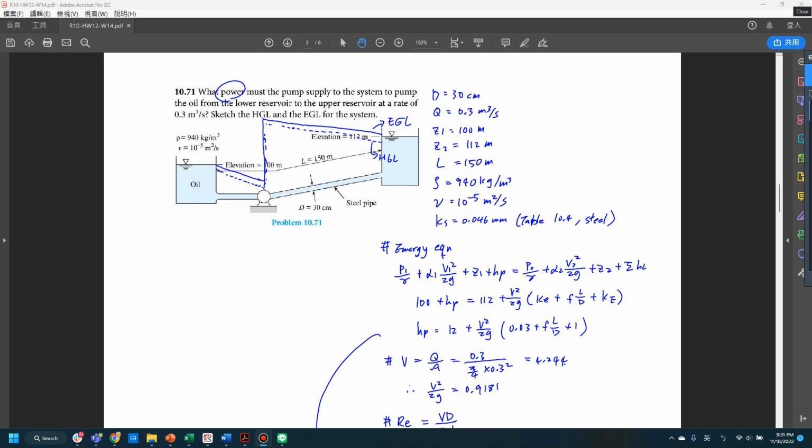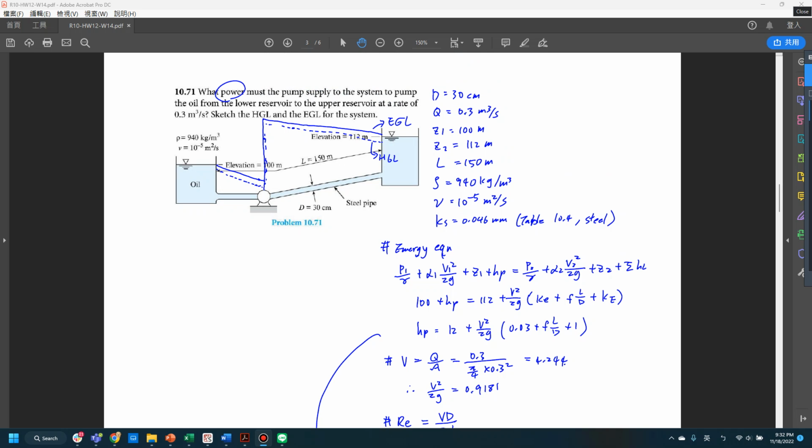And also we don't have velocity at these two reservoirs, so you can further cancel out these two velocity terms. z1 is equal to 100, and HP is the energy provided by the pump, and z2 is equal to 112, and you have the summation of the minor losses that can be collected and written in this form, which is the velocity term times Ke plus f times L divided by D plus Ke, which is the entrance and exit losses.